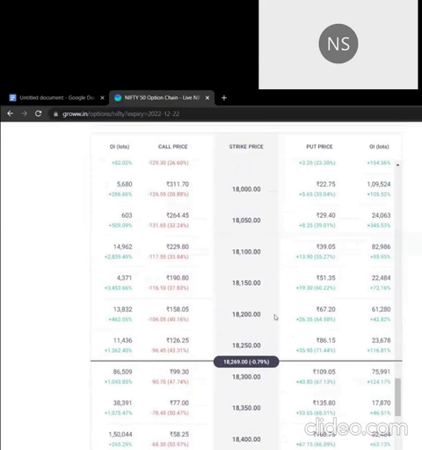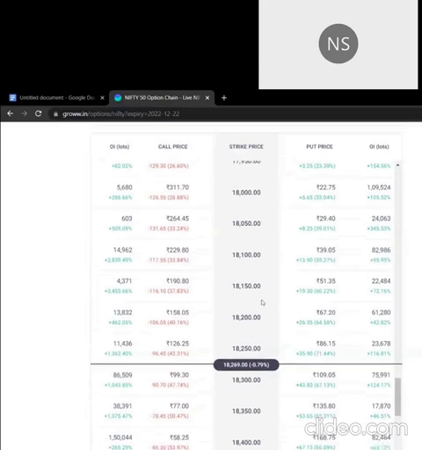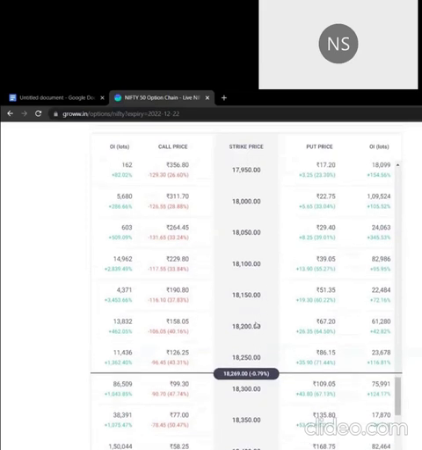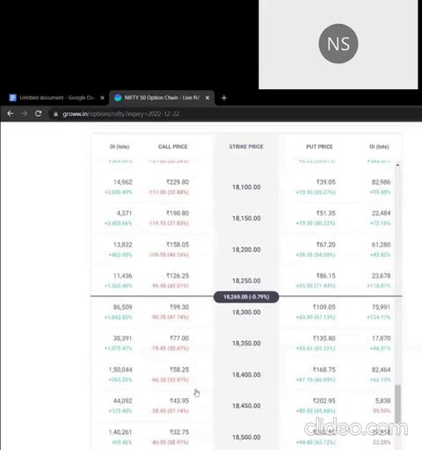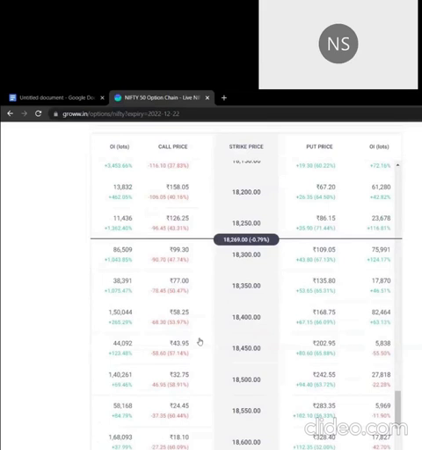So how do we actually trade in options? Now let's say that we are able to anticipate or predict that the market will be going up. Let's say that today is Wednesday, I expect the market to go up today. Now, if I expect the market to go up, I know that the price of the call options will increase. So what I can do is buy one.